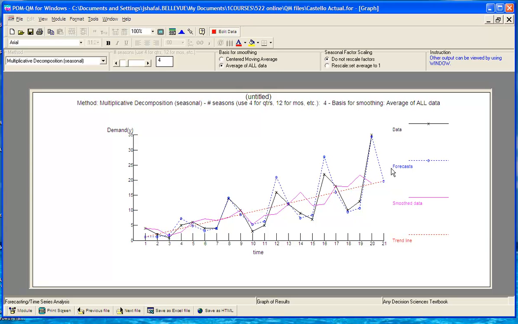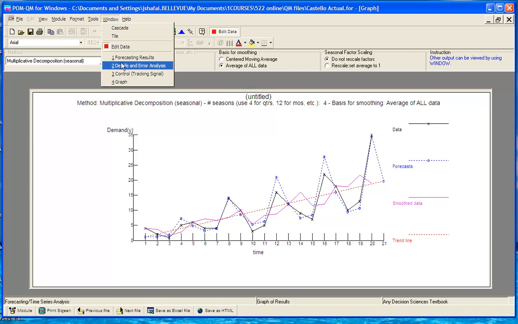So the blue line that tracks so well with the actual black line is the forecasts generated with this model.